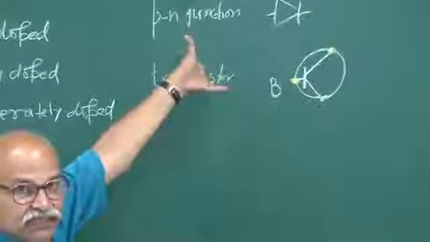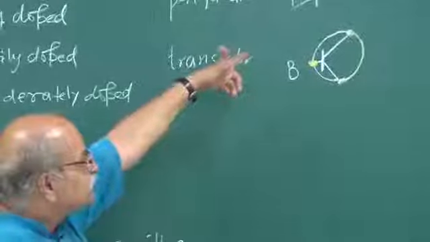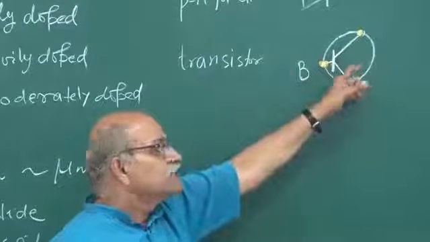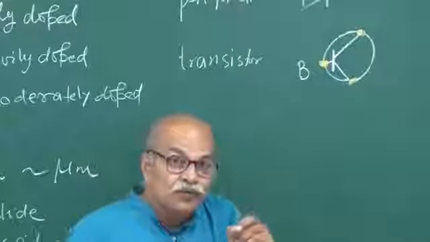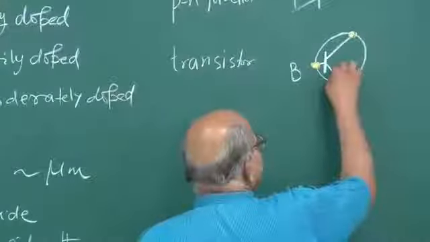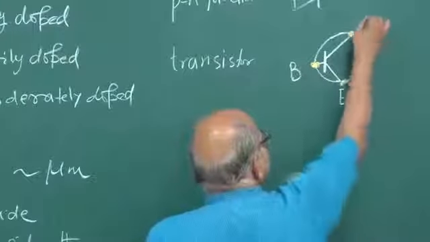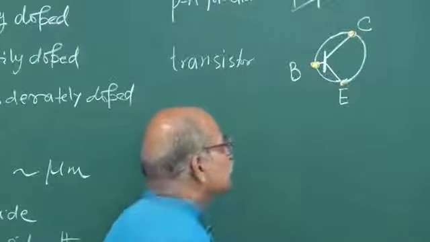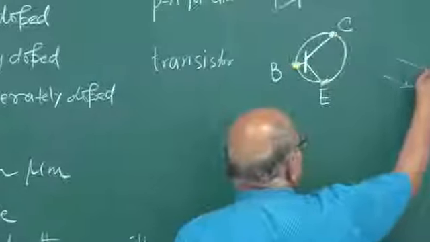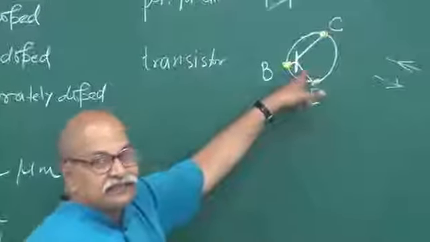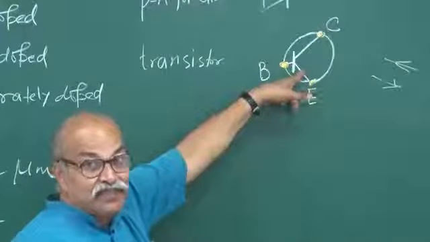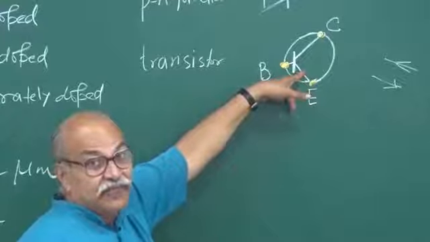How do we distinguish which is emitter and which is collector? In the symbol, we distinguish them by putting an arrow on the line corresponding to the emitter. So if I put the arrow here, this is the emitter and this is the collector. Arrows can be put in two ways, and that decides whether it is the symbol for an NPN transistor or a PNP transistor.